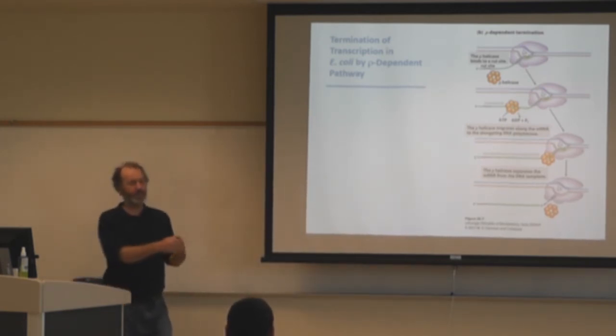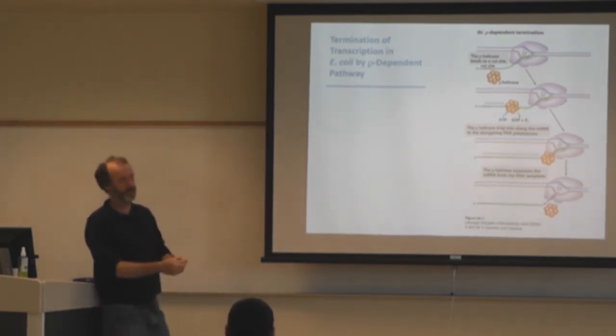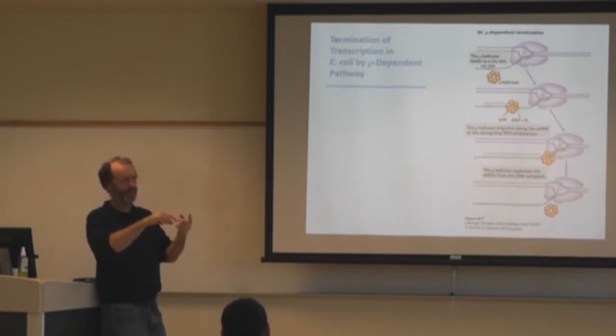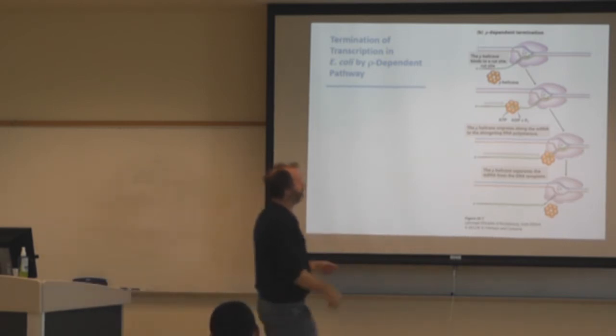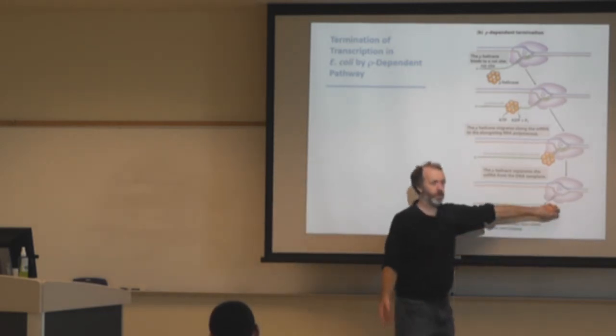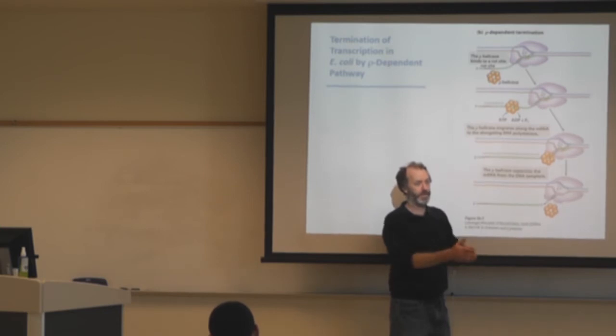So there are 2 kinds: Rho-independent and Rho-dependent. The independent has a string of U's and then a hairpin structure that helps it separate from the template. The Rho-dependent uses Rho, which is a helicase, so that requires energy to separate the strands.